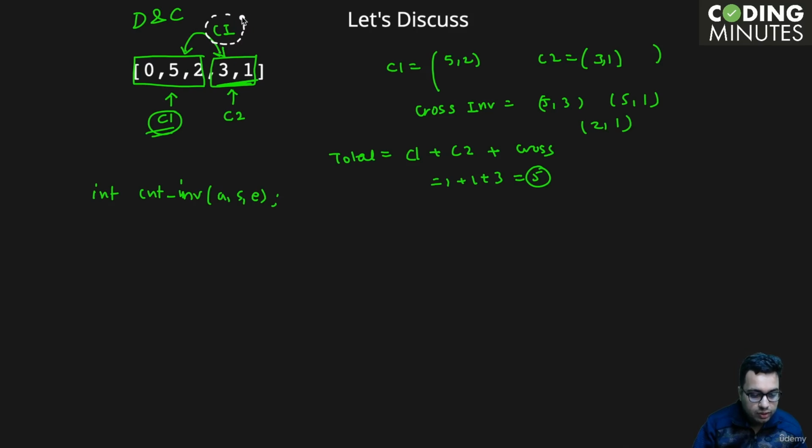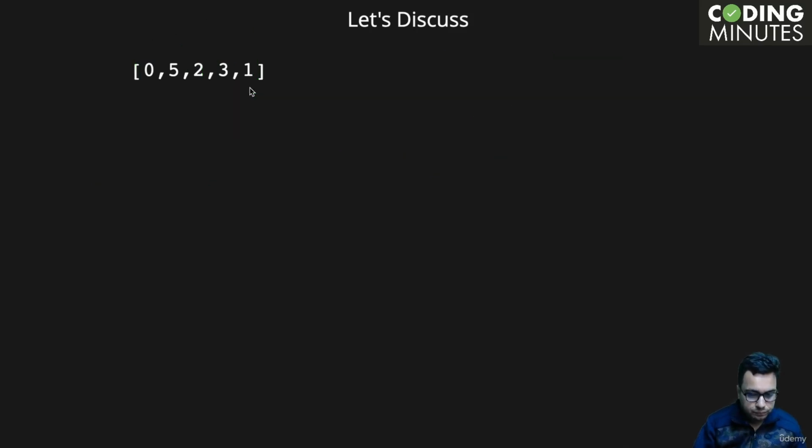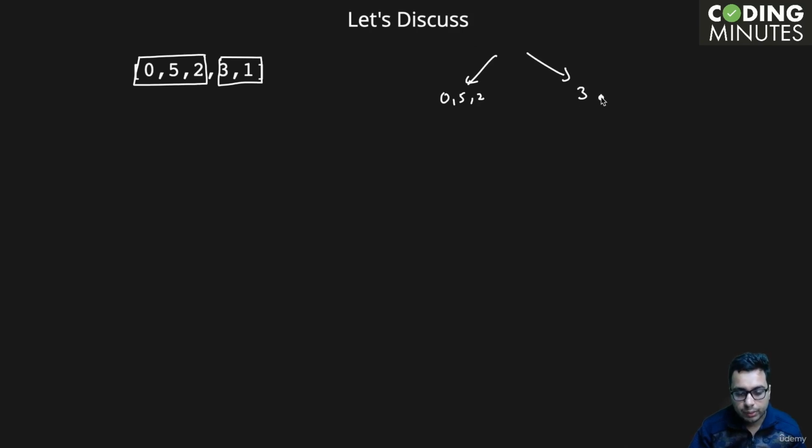So now let us focus on this part. Let me start again. I'm going to use something like a merge sort. Let's divide this array into two parts, and we will perform merge sort on it. We have 0, 5, 2 here, and while doing merge sort, we will compute how many inversions we have.